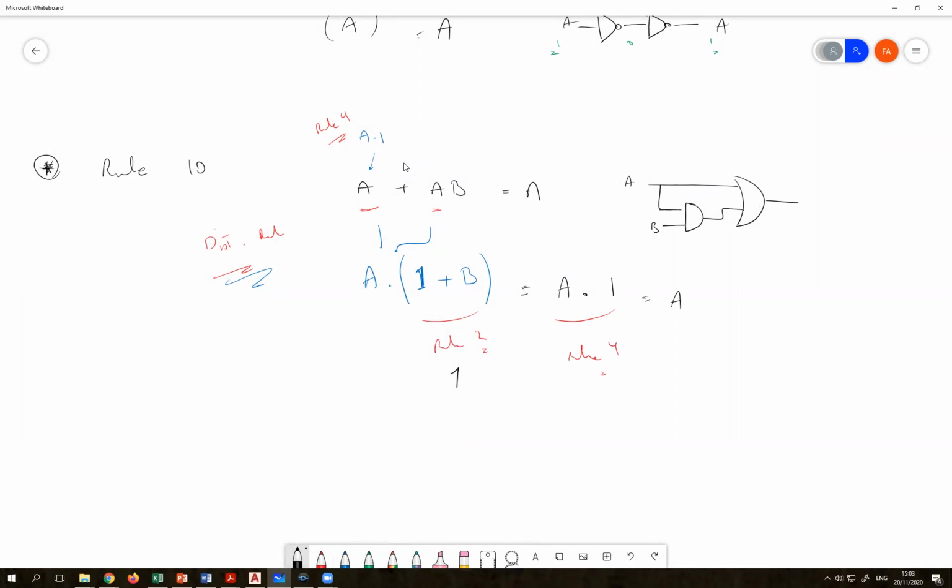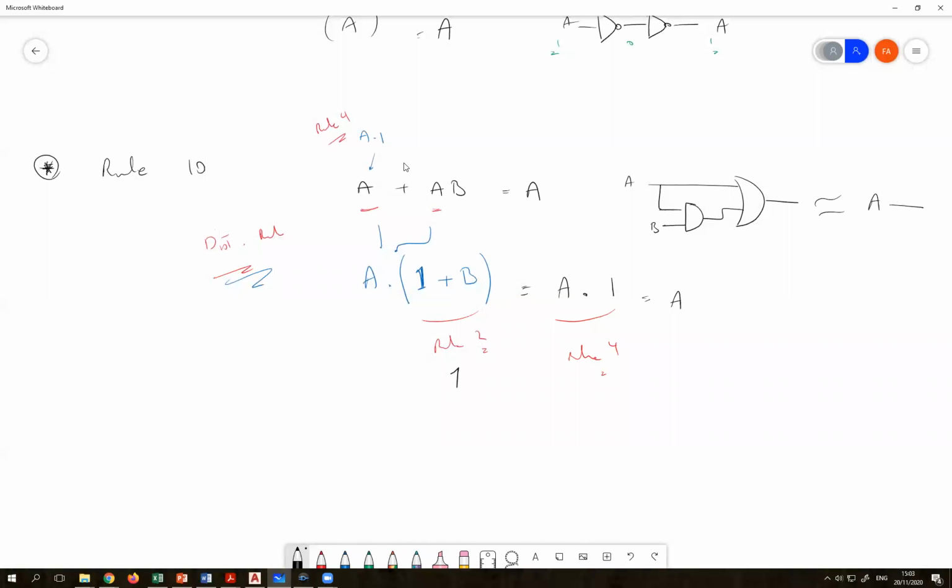So at the end of the day, what's important? A or A and B is equal with A. It means that it's equivalent with A, whatever A is. So this structure is very important. Whenever you see that, you can actually take a common factor and follow the rules.